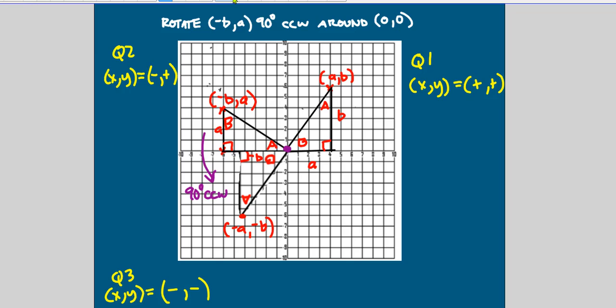So let's look at this again. This is x, y in general. Let's do our specific here first. So we're going from negative B, A to negative A, negative B. So what's happening here?